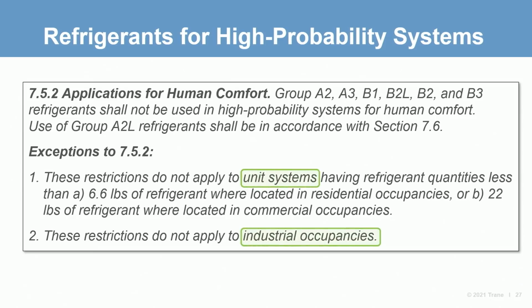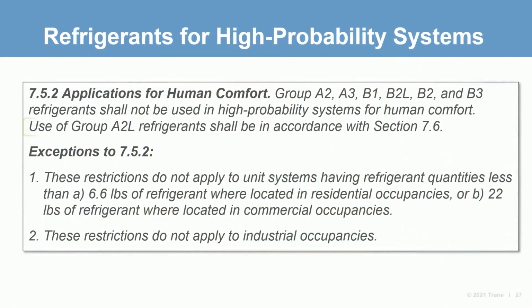But again, industrial occupancies are exempt, as are self-contained systems with a refrigerant charge below the stated threshold. Now, note that in Standard 15, the terms unit and self-contained are used interchangeably. They're defined as a complete factory-assembled system that has no refrigerant-containing parts that need to be joined together in the field, other than by a companion or block valve.